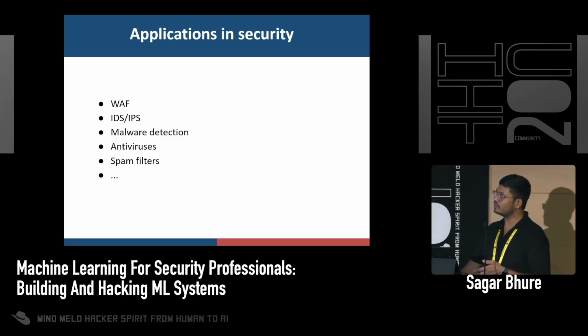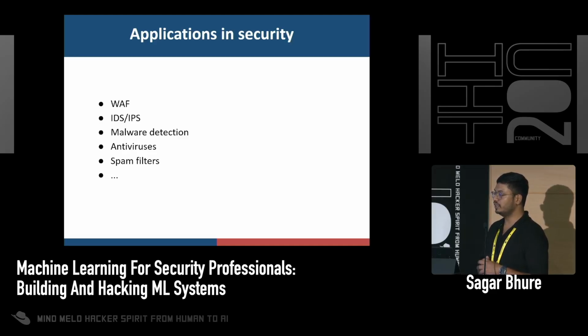There are some applications in security, just like I talked about in the first slide: WAF, IPS, IDS, malware detection. We are going to do a couple of exercises based on the first half, which is machine learning for security. All the antiviruses these days fight battles with new sophisticated attacks.